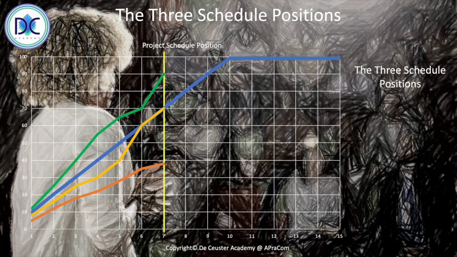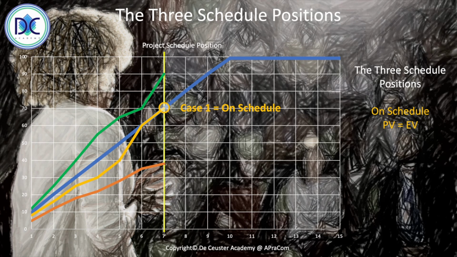The first one we say on schedule. So the light orange curve is where we are having the project on schedule, because the planned value and the earned value in this case are equal. What we also see in this graph, that at the beginning, the earned value was lower than the planned value, which means that in certain ways the project was late.